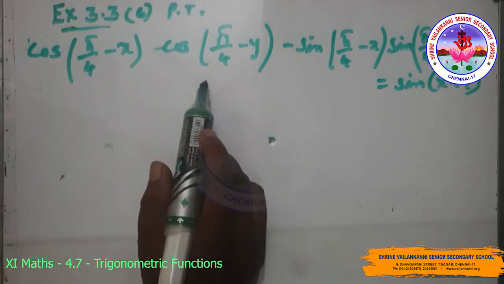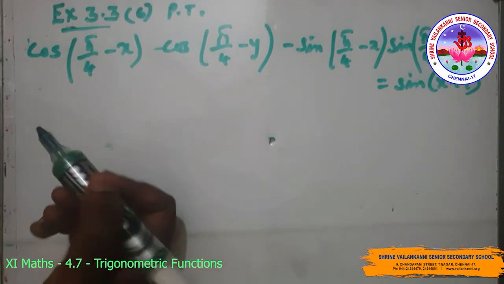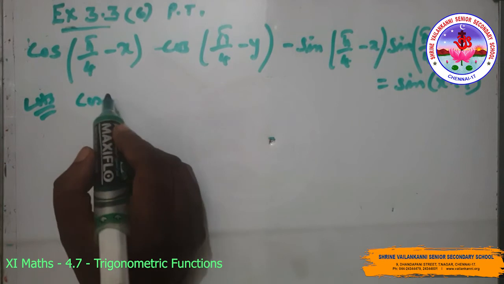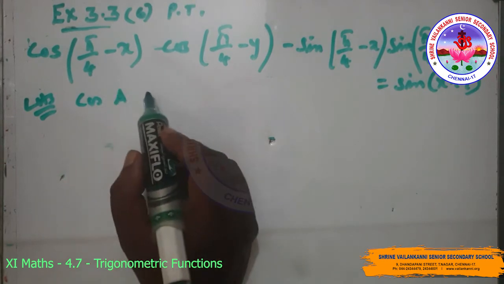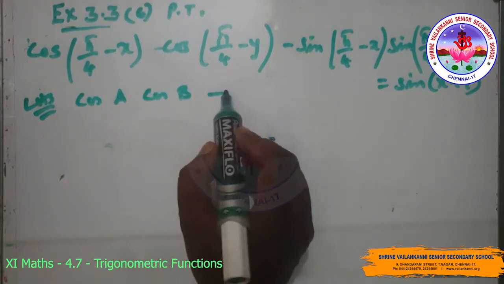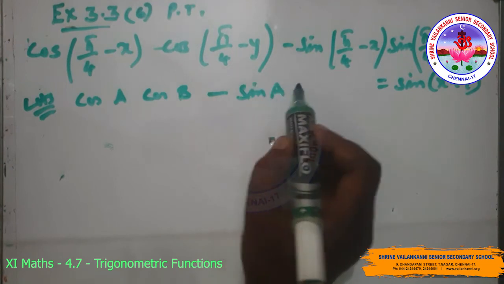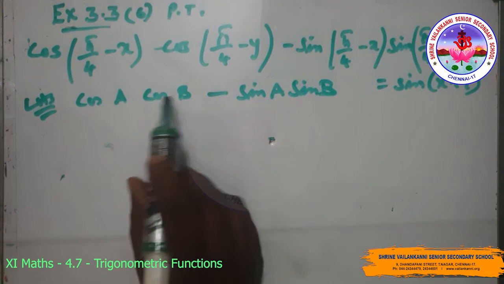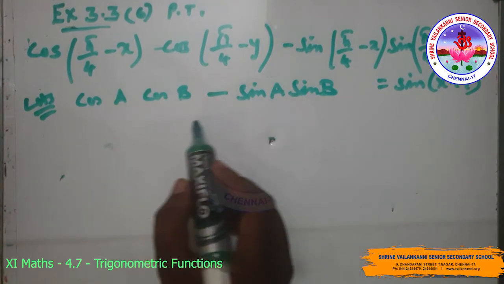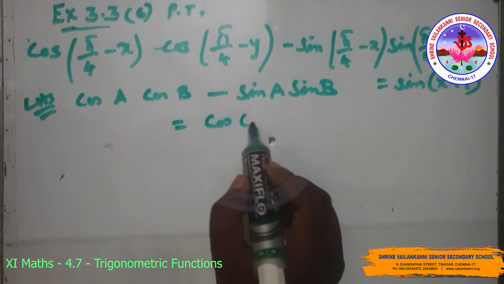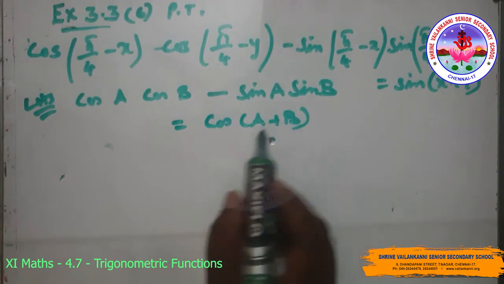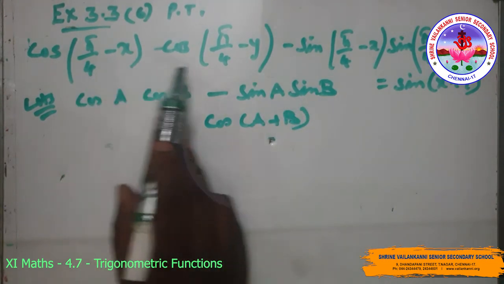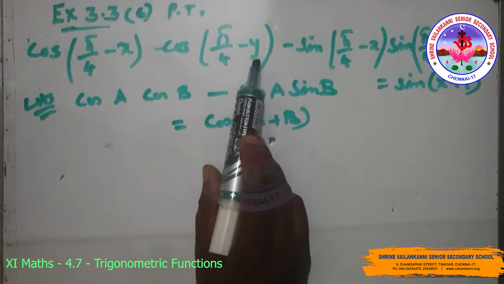So the LHS is in the form of cos A cos B minus sin A sin B. So using this formula, cos A cos B minus sin A sin B, which is nothing but cos of A plus B. Here A is pi by 4 minus x and B is pi by 4 minus y.